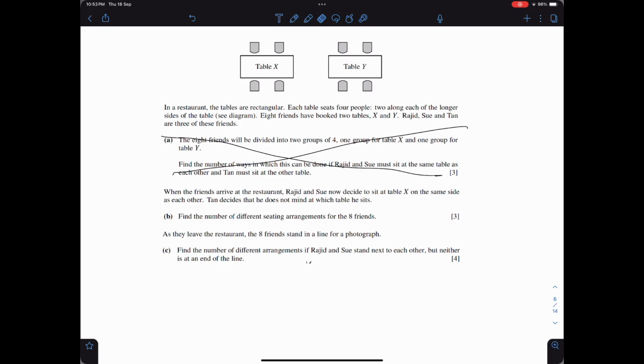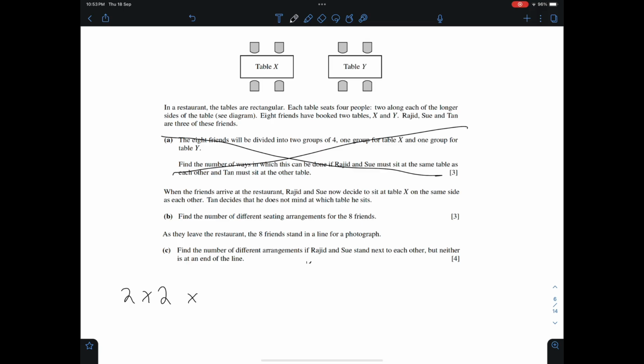So there could be 2 sides that they pick, because there are 2 sides of the table. And then on that side, Rajid could sit on Sue's left, or Rajid could sit on Sue's right. So we'll do 2 times 2 to account for that.